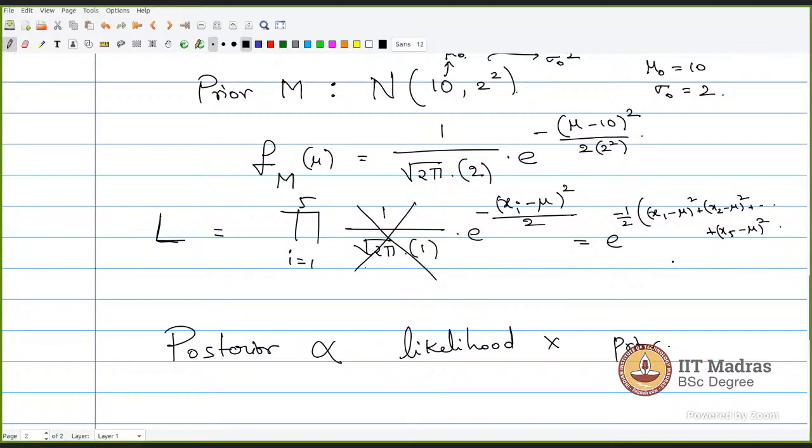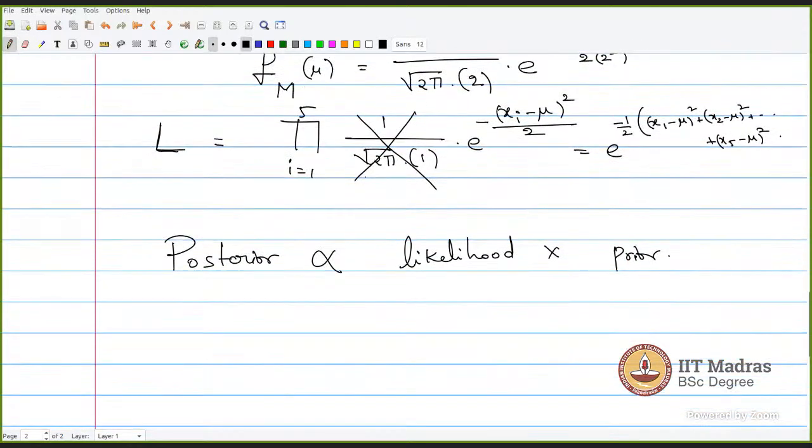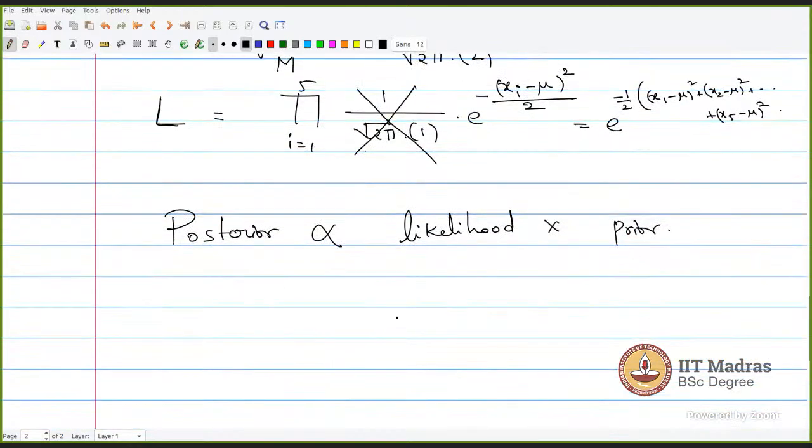Okay, so we have the likelihood with us, we have the prior with us, so we need to find the posterior, right? What will be the posterior? It will be proportional to e power minus half, summation i equals 1 to 5 of (xi minus mu) whole squared, times the prior.